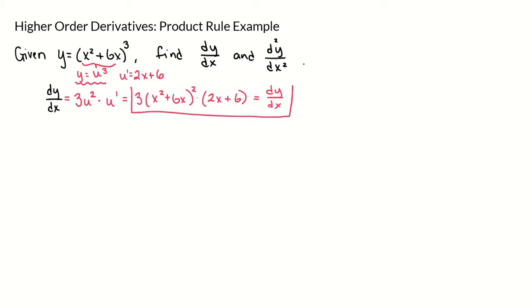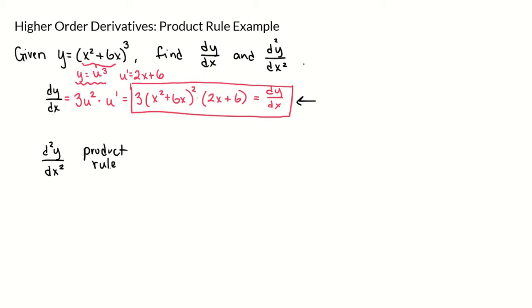And now we're going to use that to find the second derivative. So one thing to note while we're thinking about our second derivative, d squared y/dx squared, we're going to have to take the derivative of this function dy/dx, and we have a product of functions there, so we're going to need to use the product rule to find the second derivative.